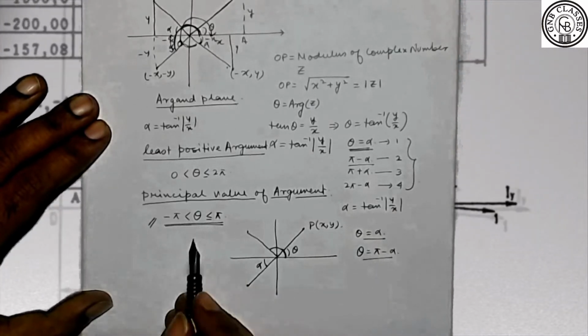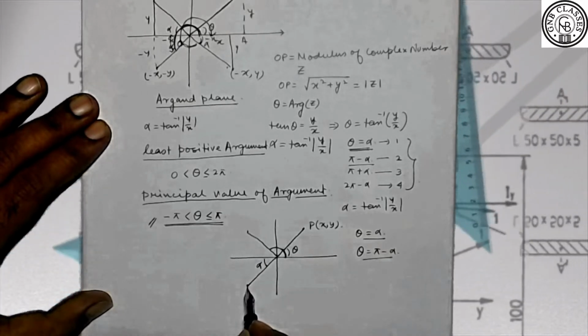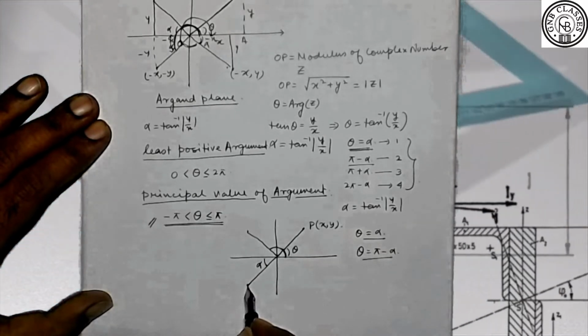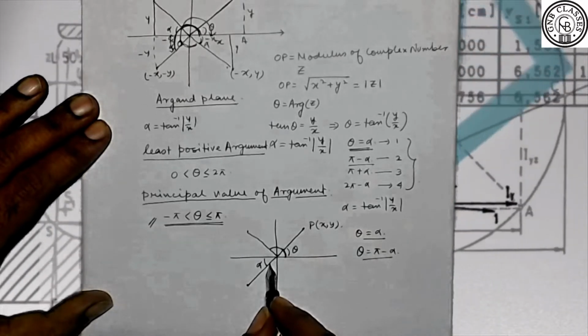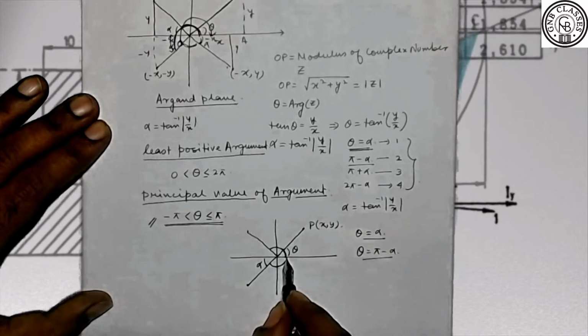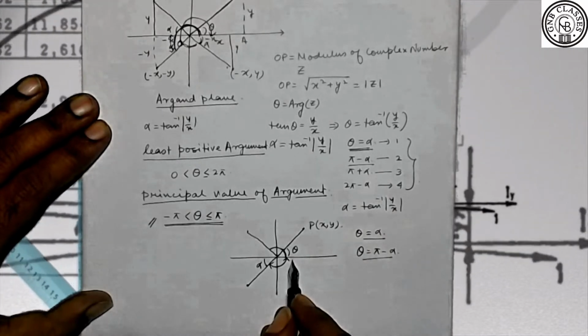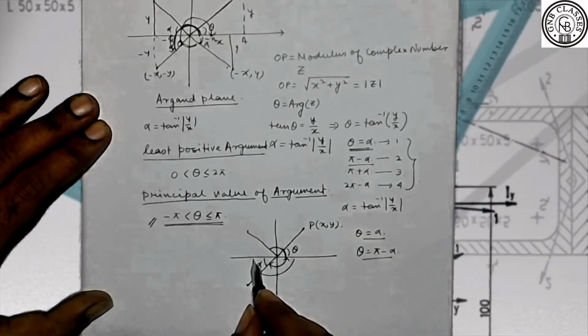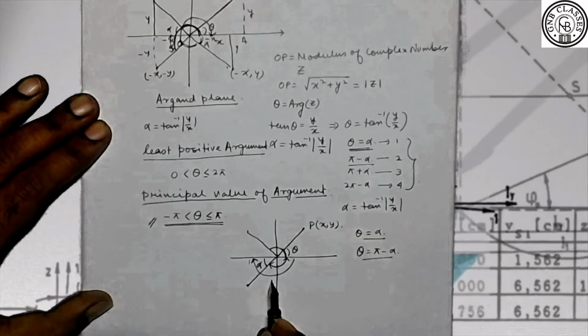It will not fall in the principal value of the argument. So to find the argument of a point associated with a complex number in the third quadrant, the angle made with the positive direction of the x-axis is this much. So this much is calculated by minus pi plus alpha. Are you getting my point?